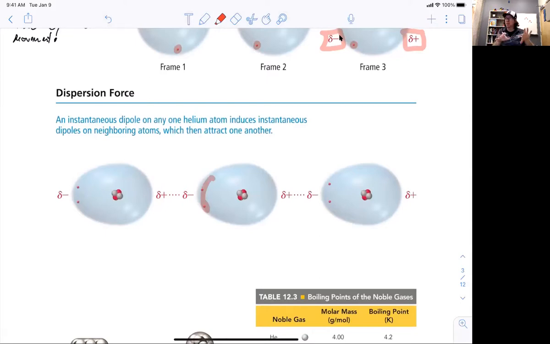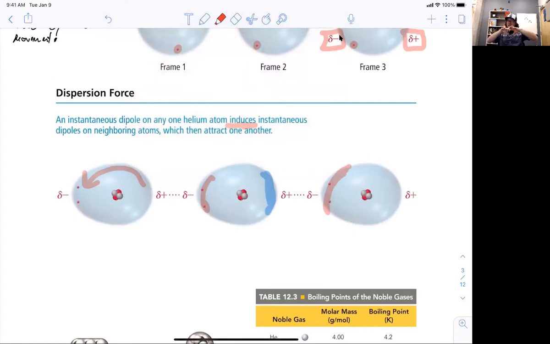That partial negative on one side then kind of chases the negative electrons to the other side in a neighboring atom. So that's where the induces come from. One atom's electrons affect the electrons in neighboring atoms.